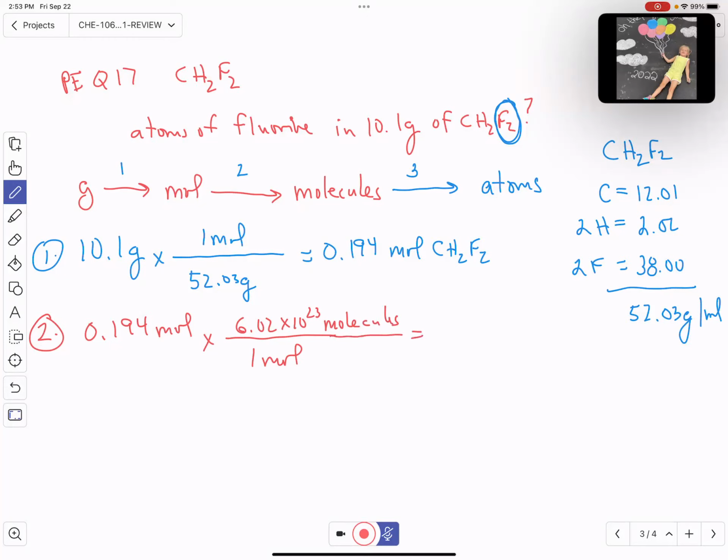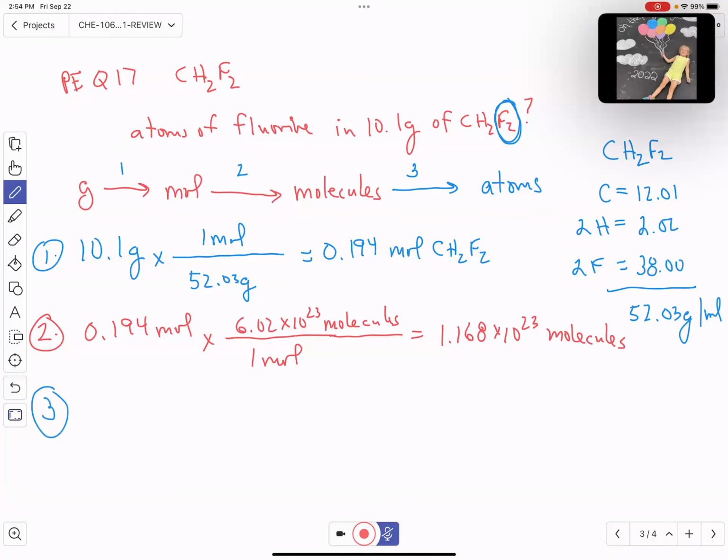Multiply by Avogadro's number, and we get 1.168 times 10 to the 23 molecules. We'll figure out significant figures later.